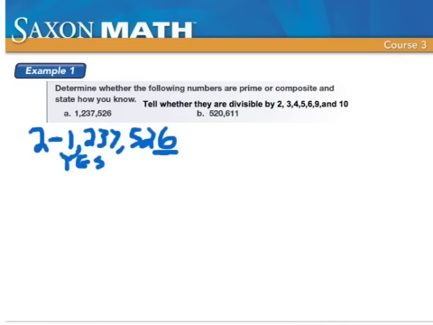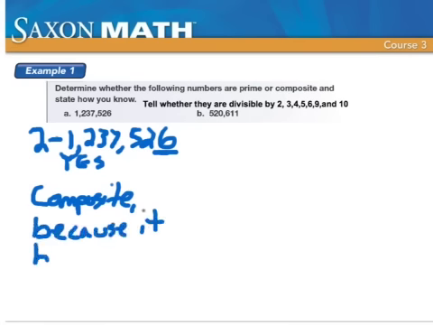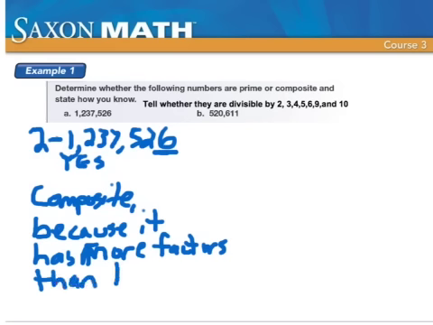And so we're going to say that it is a composite number, and it's composite because it has more factors than 1 and itself. All that means is that more than 1 and the number itself go into it. And we know that because 2 goes into it.